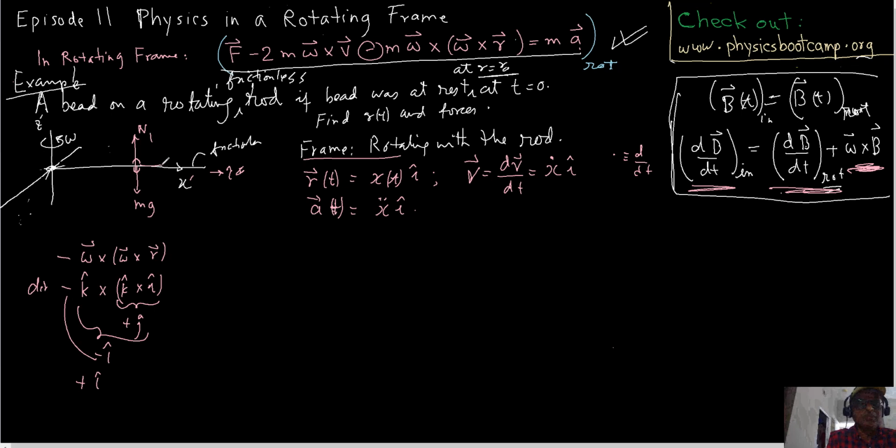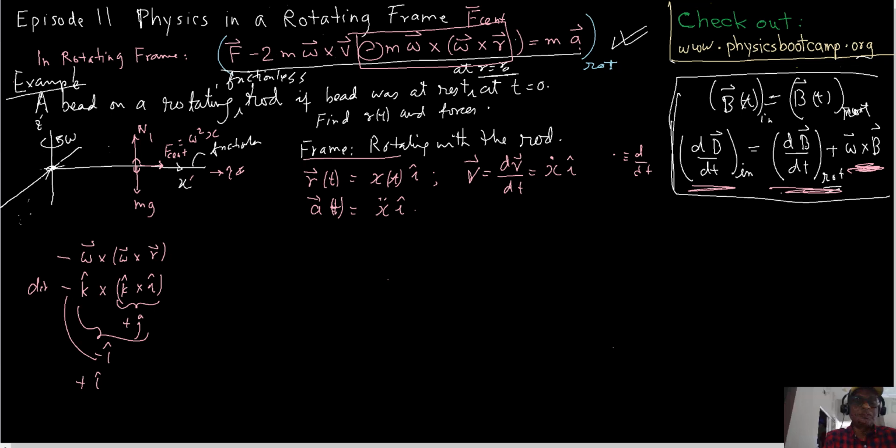So it's going to be pointed in that direction. So this whole thing is the centrifugal force, F centrifugal. Its magnitude will be omega squared x, because r is just x. So omega squared x.